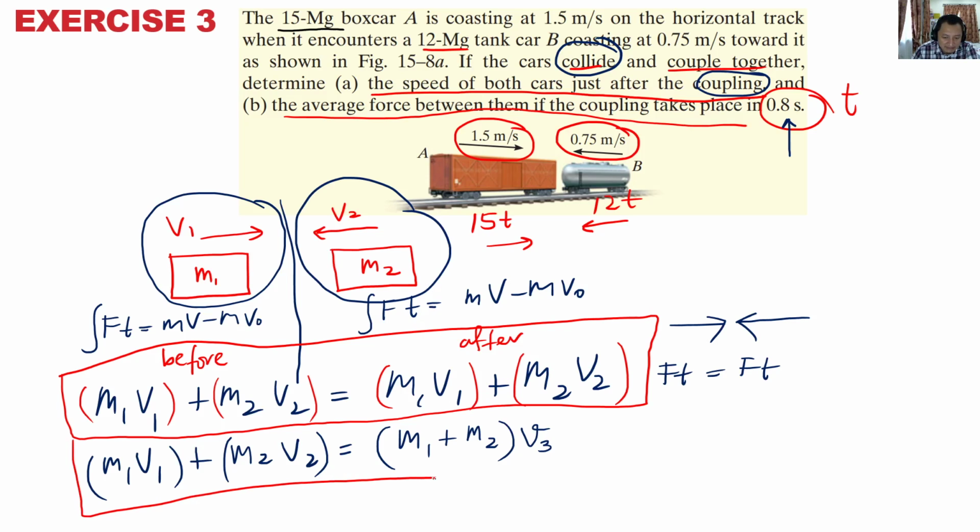If the masses are combined together, then they will move at a common velocity, with the combined mass.